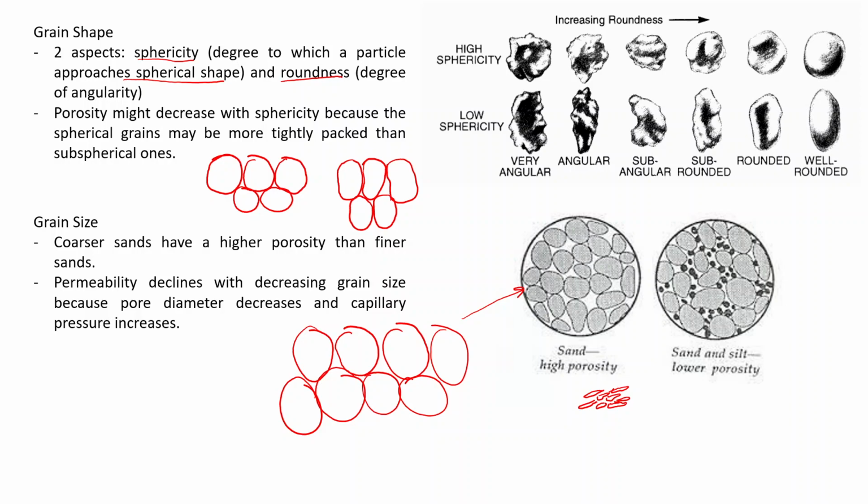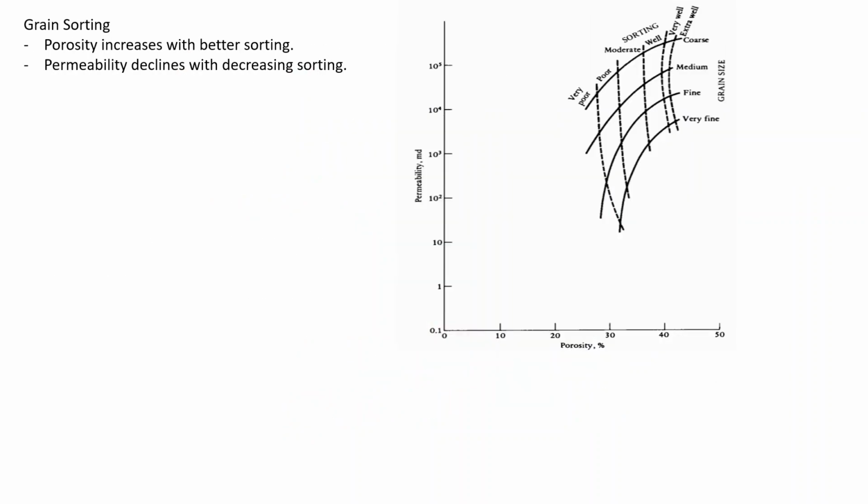That is why as the pore diameter decreases, definitely the interconnectivity between the pores shall decrease and permeability will be reduced. So the coarser grains cause higher porosity, which in turn may give rise to higher permeability, but the finer grains have lower porosity and lower permeability.